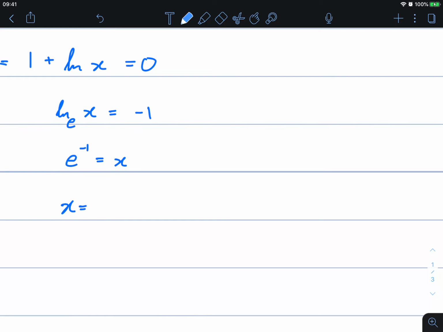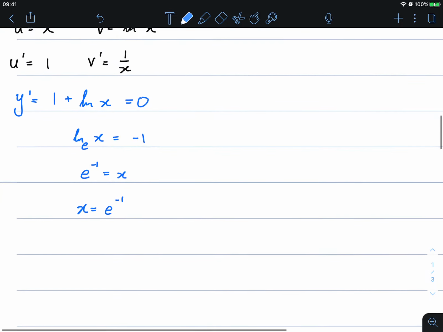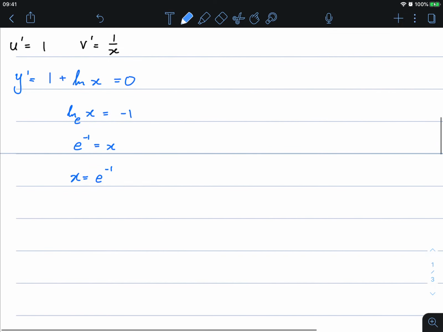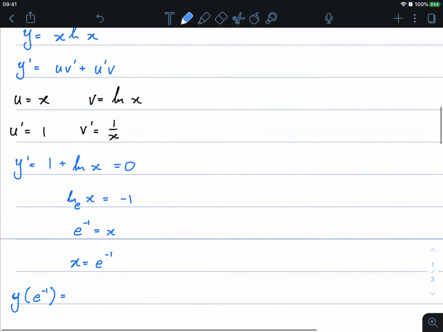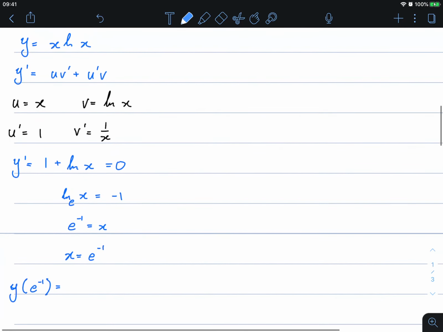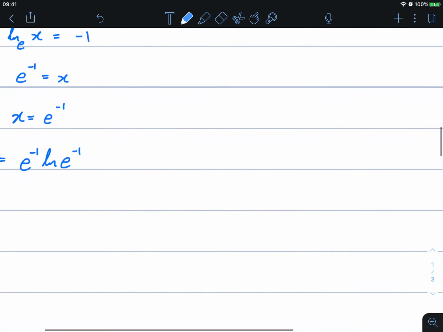So x equals e to the power of -1. Now we're going to figure out the y value at that point. So y of e to the power of -1, substituting into our function. That's e to the power of -1 times ln of e to the power of -1.